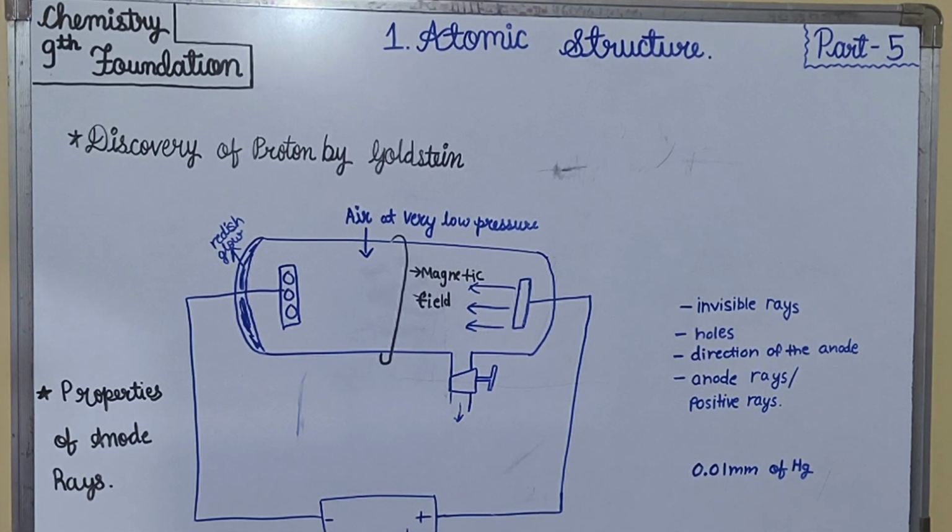Fifth point was Goldstein used various gases and found out the charge to mass e/m ratio of these particles. He observed that the e/m ratios of the positive ray particles were different for different gases.